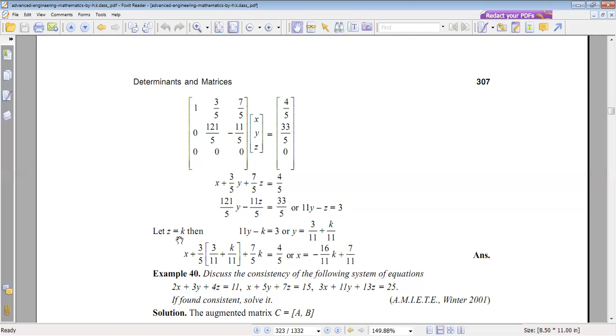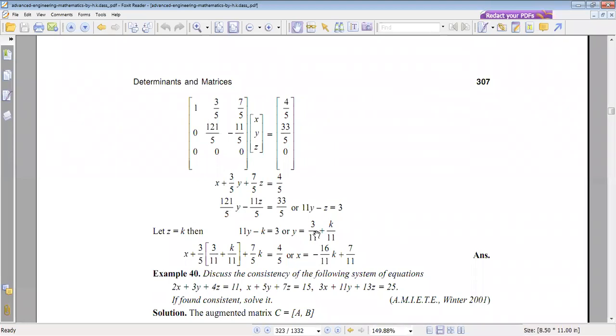Now if we put z equal to k here, then what do you get? 11y equal to k plus 3. Now y is equal to what? You have to divide this equation by 11. Then it will be 3 by 11 plus k by 11. That means when we consider z as k, y is also in the form of k.